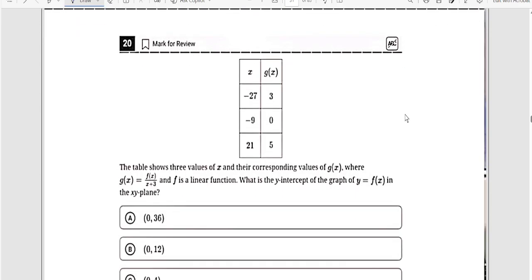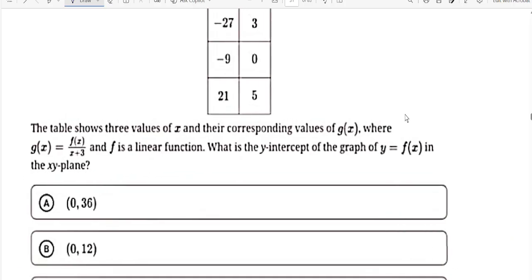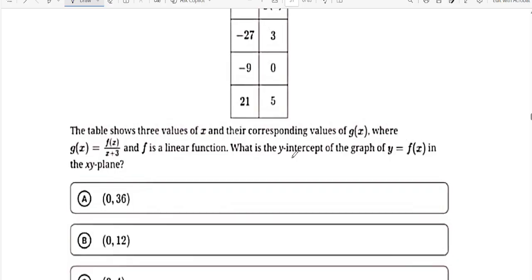Let's do the next question. In this question we are given a table where we have values of x and values of this function, which is g(x). This is our function, and it is a linear function.